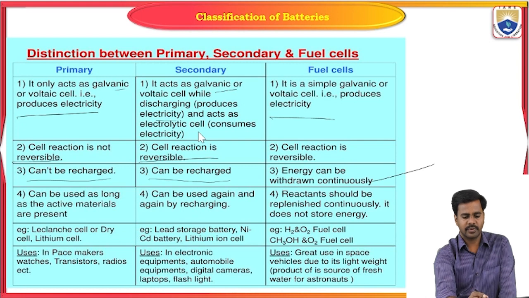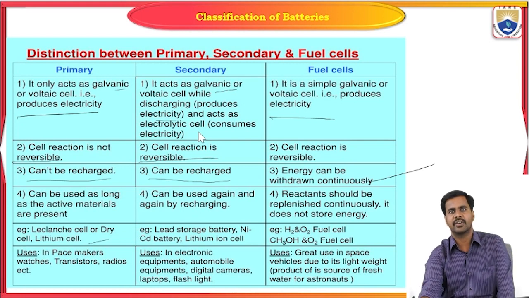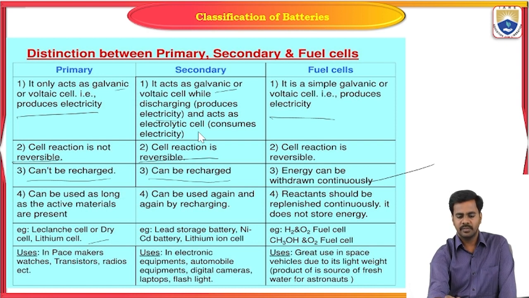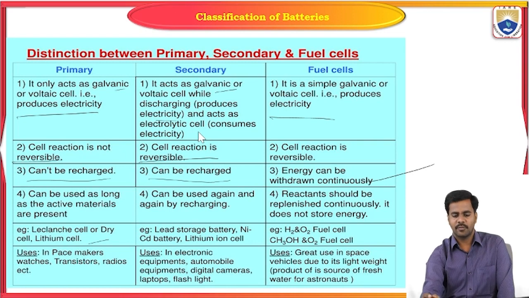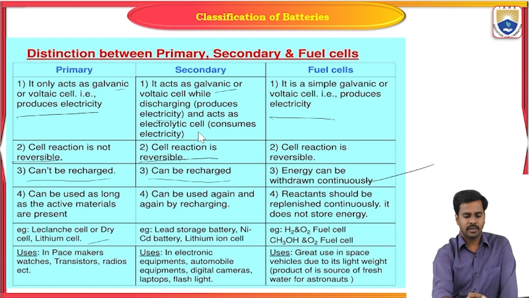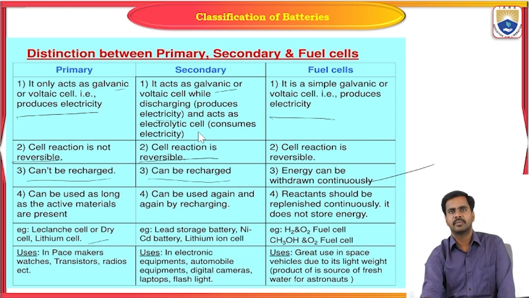Coming to the examples for primary battery: Leclanche cell, dry cell, or lithium cells. Whereas in secondary battery, lead storage battery, nickel cadmium battery and lithium ion cells are examples. Coming to the fuel cells: H2-O2 fuel cell, methanol and oxygen fuel cells. Coming to the usage, in pacemakers, watches, transistors and radios, etc., primary battery is used.